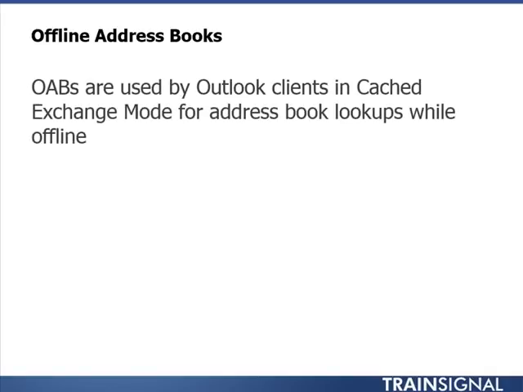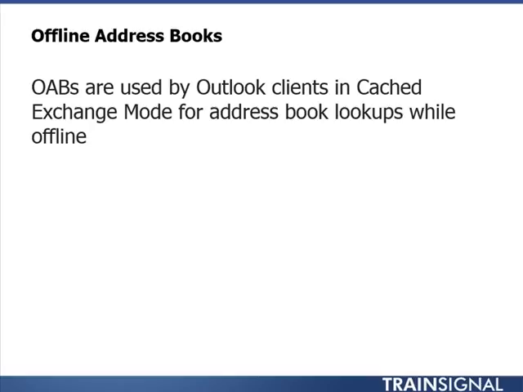So, starting with offline address books. Offline address books are used by Outlook clients in cached Exchange mode for address book lookups while offline. The concept is pretty simple. If you're offline, you're not able to access the Exchange server in order to locate addresses that you typically might locate using the address book.